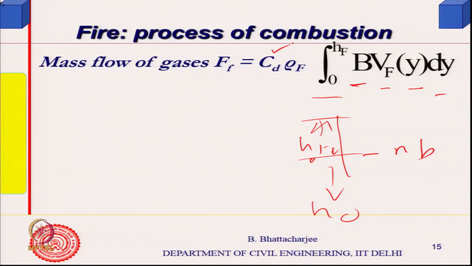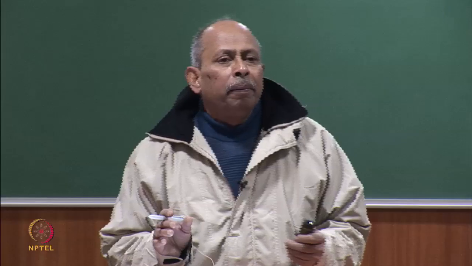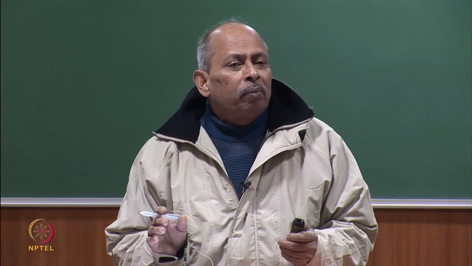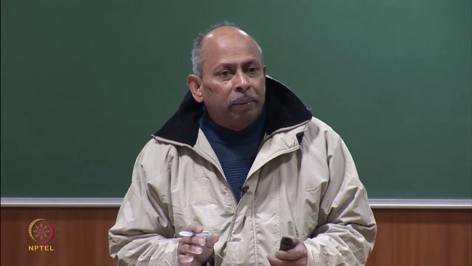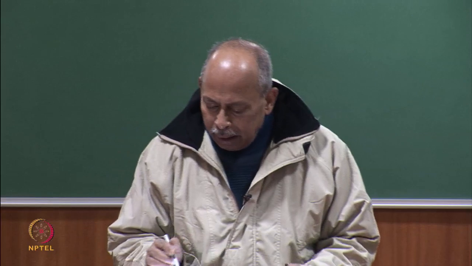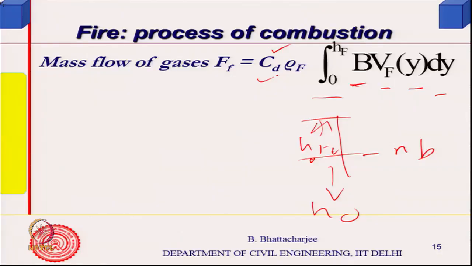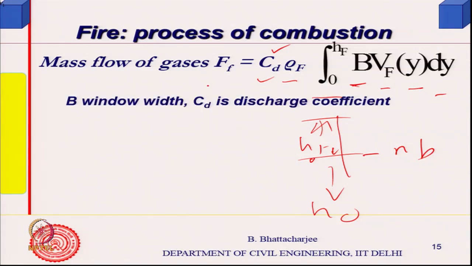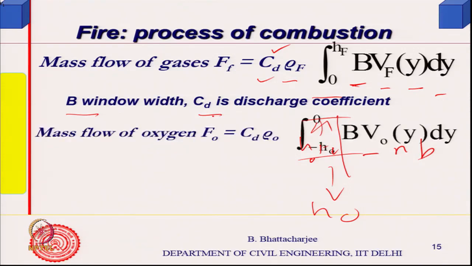CD is a discharge coefficient, because we are assuming so many things. We are assuming it is streamline flow and applying Bernoulli's equation and all that, so there has to be a discharge coefficient there. This is for hot gases, so the density of hot gas. So, there is a mass flow of hot gases, where B is the window width and CD is the discharge coefficient.